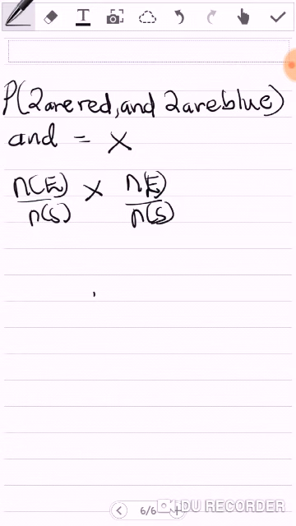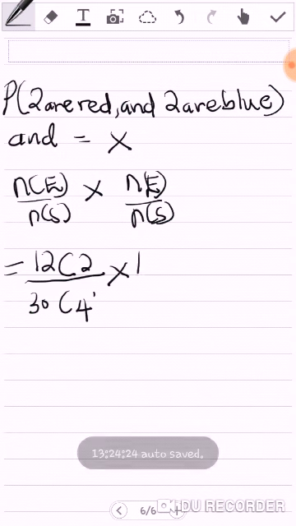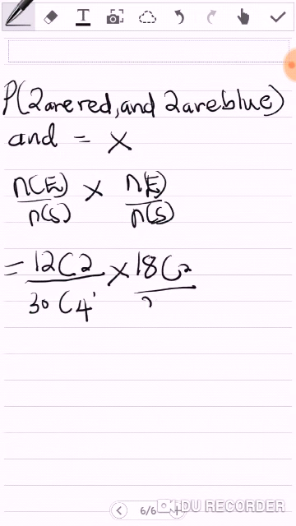So we will get for the reds, the number of reds were 12. So 12 combination 2 over 30 combination 4 is still standing, times then the number of blues was 18, so 18 combination 2 over 30 combination 4.